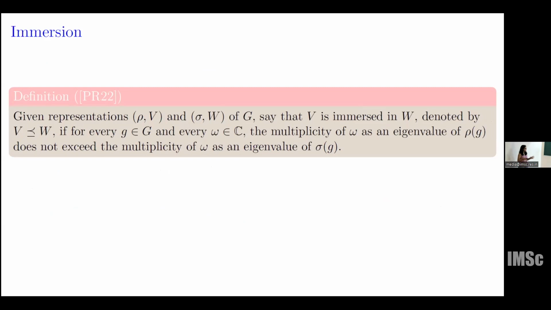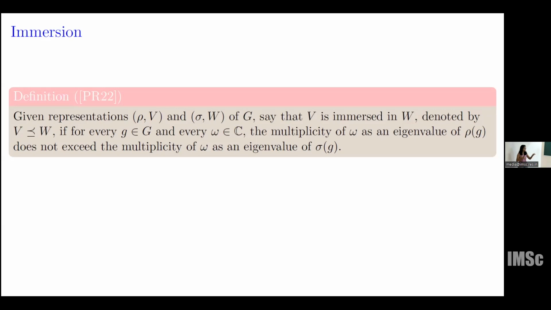So the definition is like: if we have two representations rho on V and sigma on W, we say that V is immersed in W if, for every g, we look at the eigenvalues of rho evaluated at g and sigma evaluated at g. These will be complex numbers.